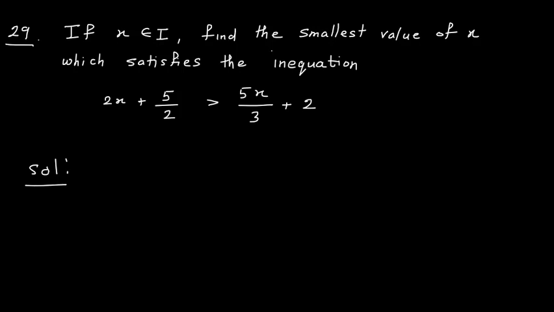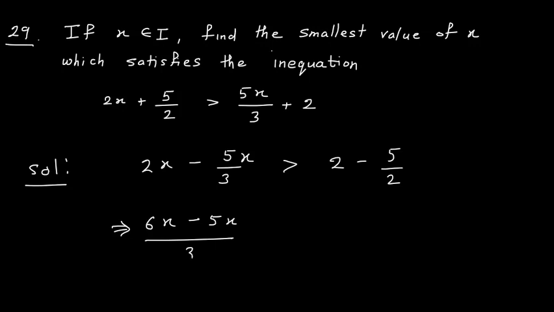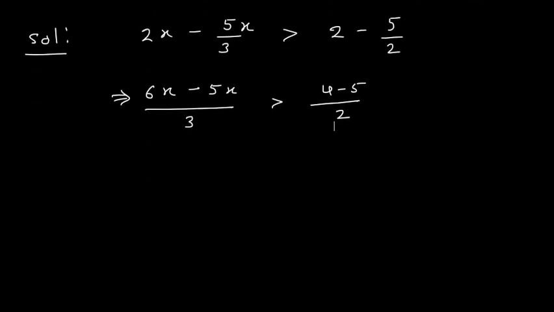Here, let us bring 5x by 3 to the left hand side. So we will say 2 minus 5 divided by 2 is less than 2x minus 5x upon 3. Taking LCM 3, this will give me (6x minus 5x) divided by 3 is greater than 4 minus 5 divided by 2.